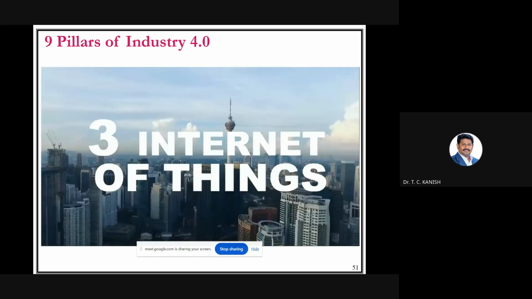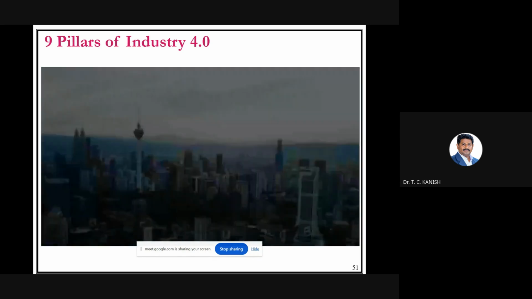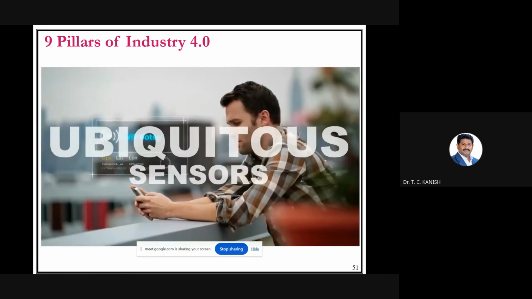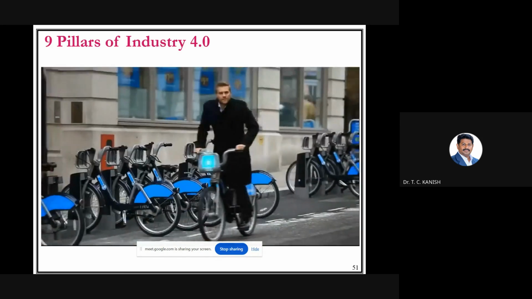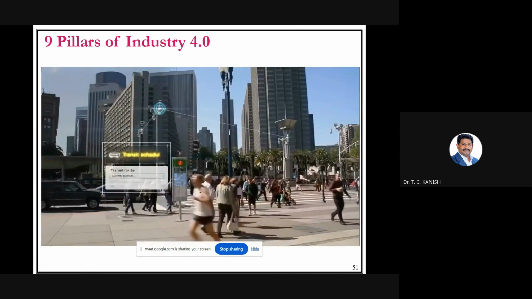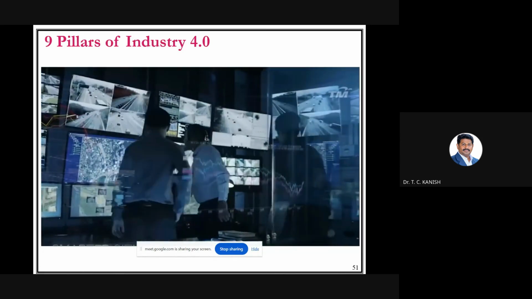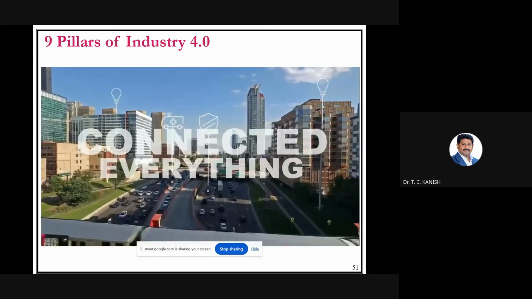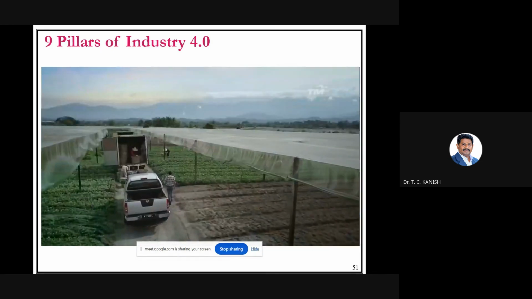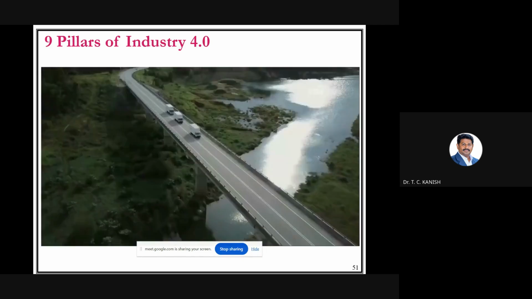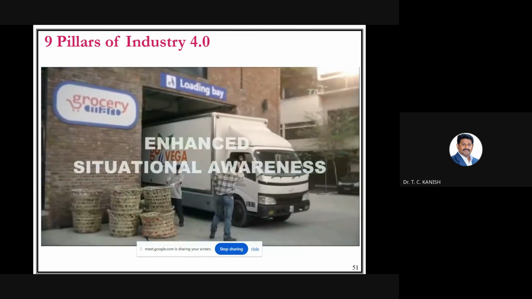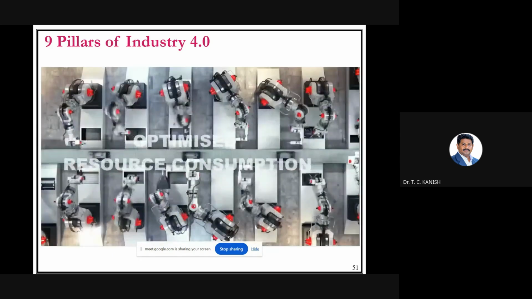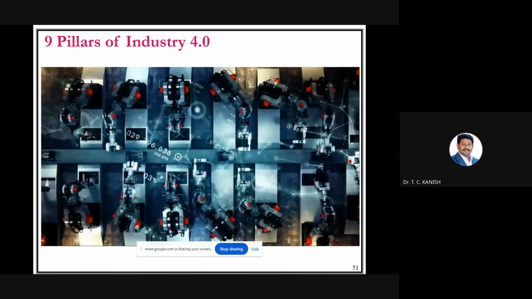Third one is Internet of Things, which we already discussed. Next one is big data.